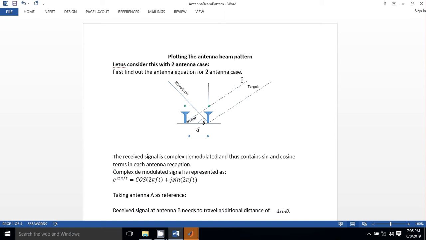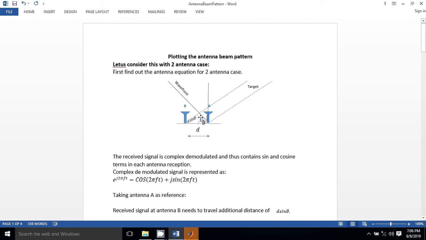So here there is something which is being received from this direction. So this is the direction of the signal. There is a wavefront. The wavefront is perpendicular to the direction of the signal reception. So if this is the signal reception direction, the wavefront will be perpendicular to this dotted line. The wavefront itself is making an angle of theta with this horizontal line, or you can say the antenna base.